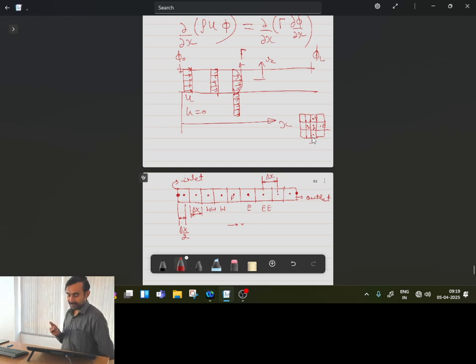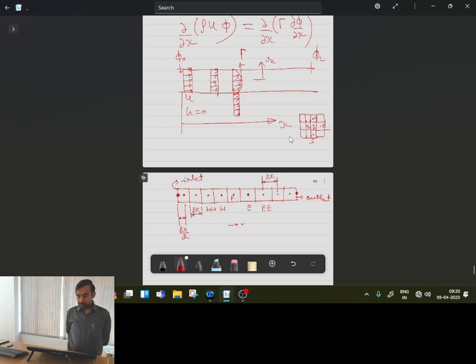And if you go for a 3D situation, then there will be volumes in the front and in the back as well. Then I will be having one neighboring node on the front side and one on the back side as well. F and B will also come into the picture.